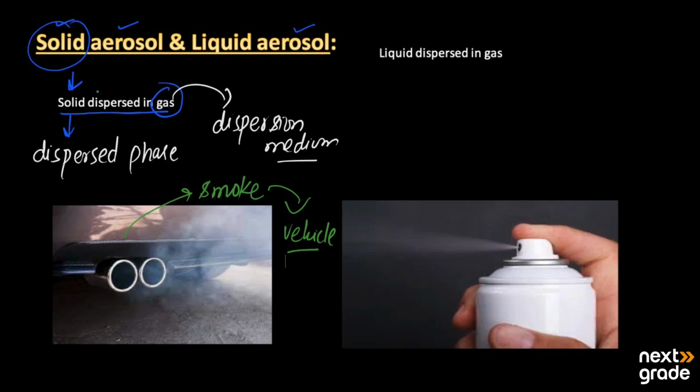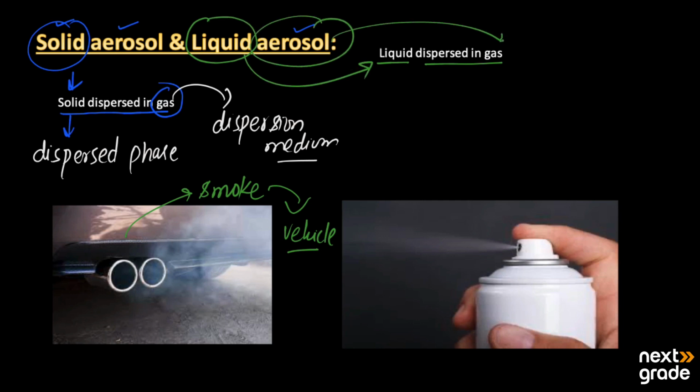Next we have the liquid aerosol. Here a liquid is dispersed in a gas. We have the word liquid, and aerosol again showing the gas. So when the liquid is dispersed in the gas phase, the liquid is the dispersed phase and the gas is the dispersion medium.